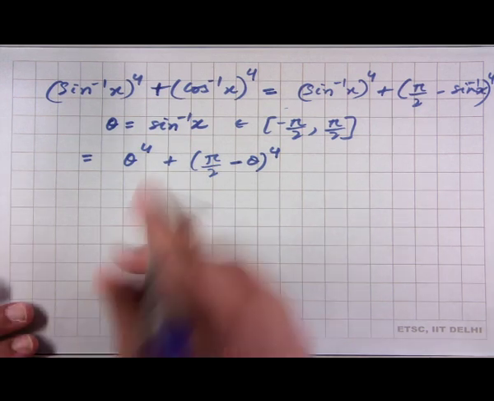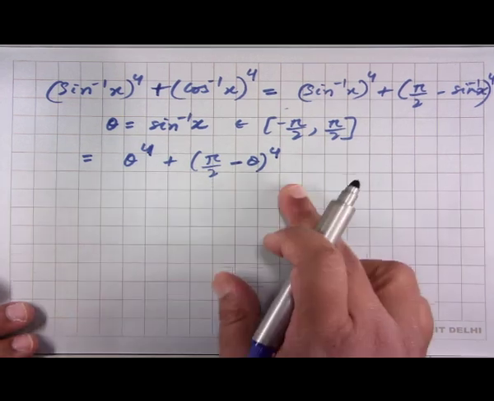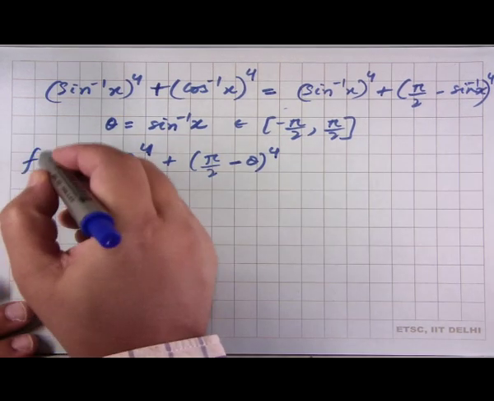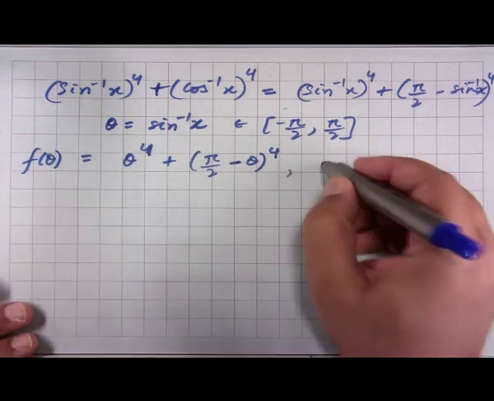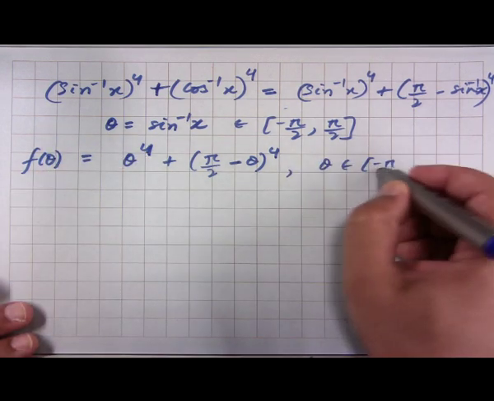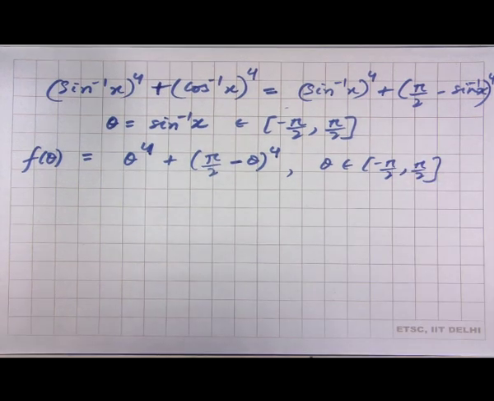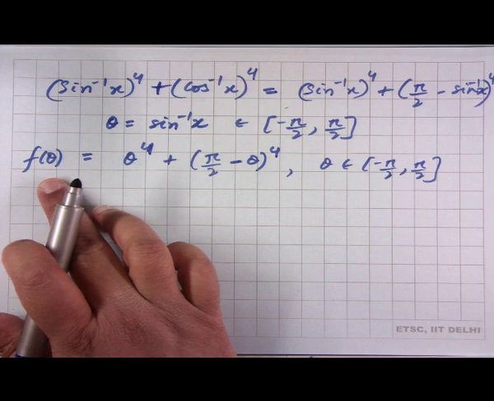So, what we are asked to do is to find the largest and the smallest values. So, let me say that this is f of theta. Immediately what comes to mind is to take the first derivative of f theta.